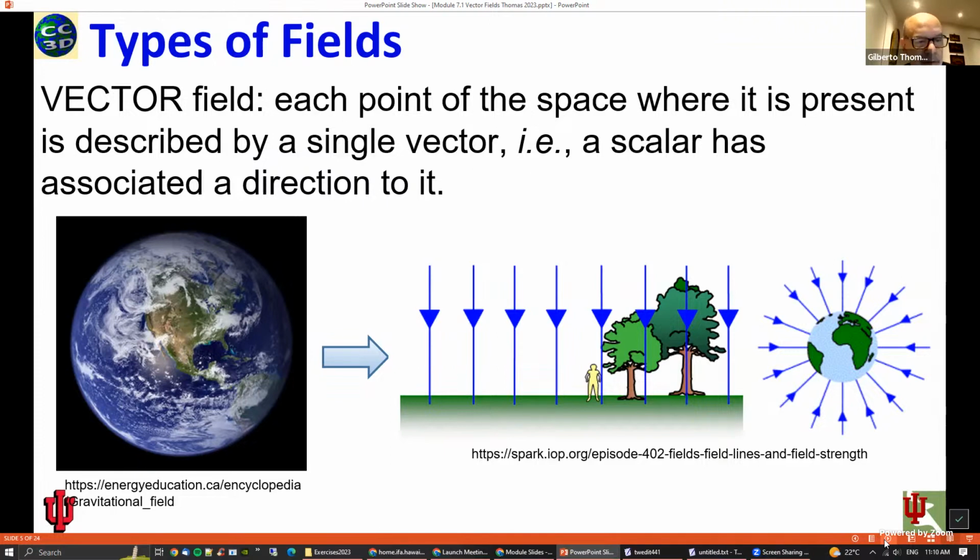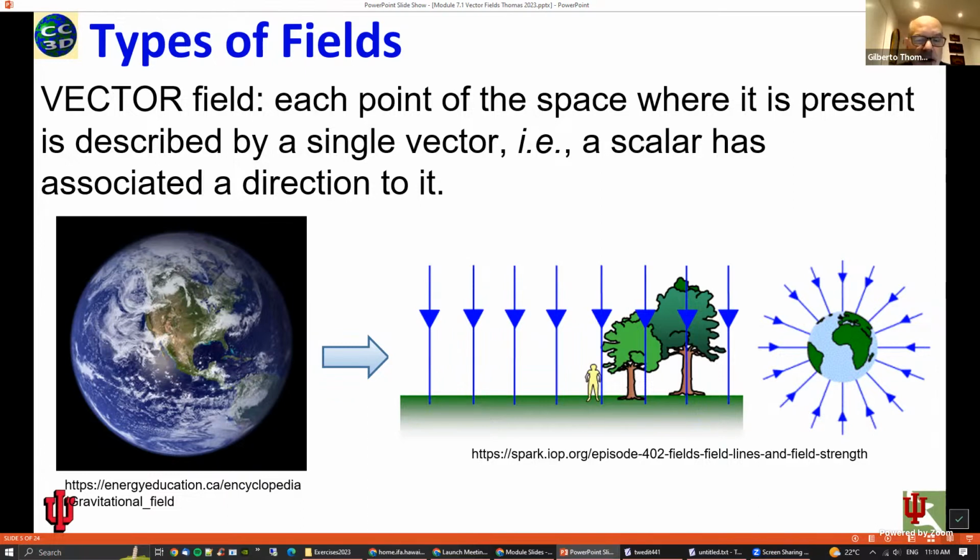So this is the example there. We have the Earth and the space around Earth. We have those lines here representing the space around Earth, which shows you how gravity works.